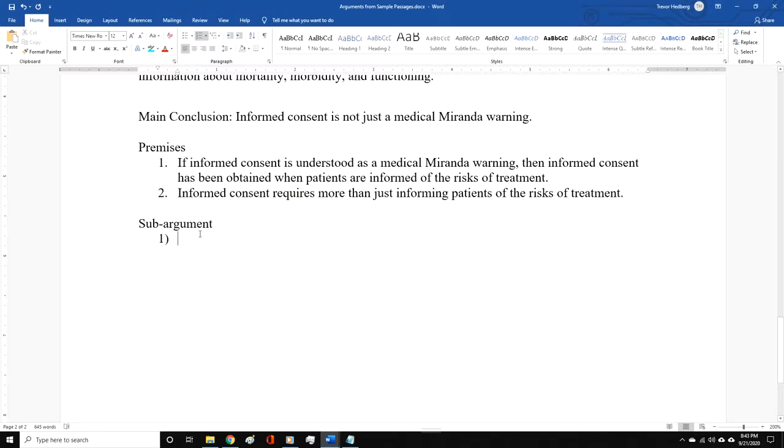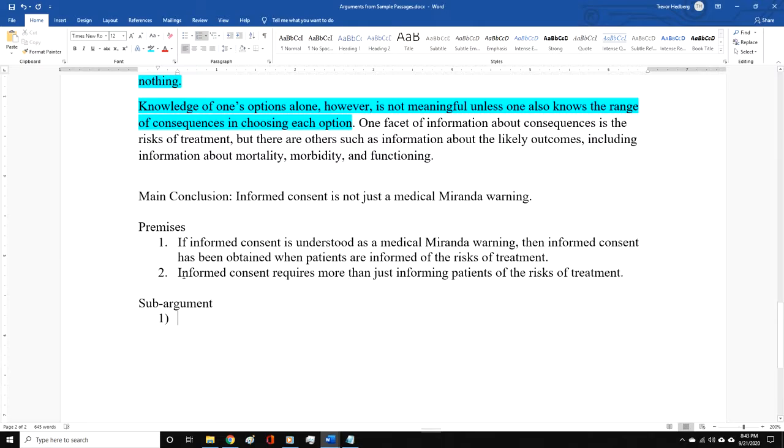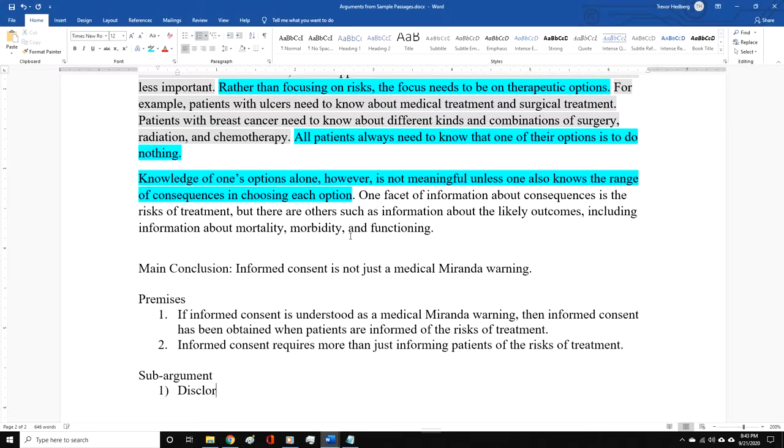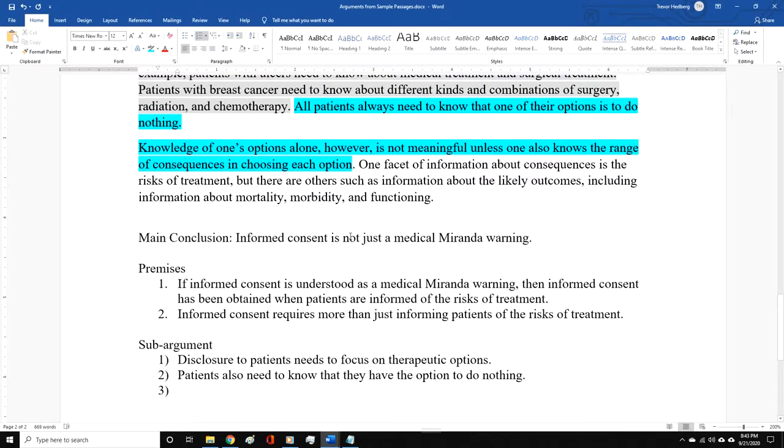So here's how I think that this would go if you wanted to flesh out the sub-argument that supports this second premise. You would have... I notice that I need to specify that we're in a context involving informed consent in the premises.